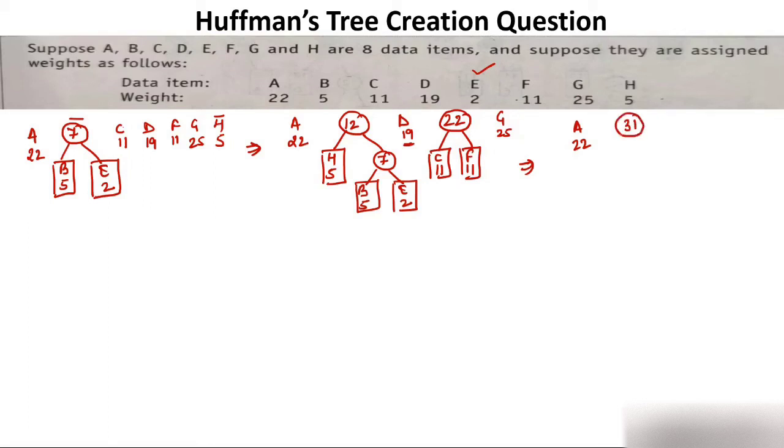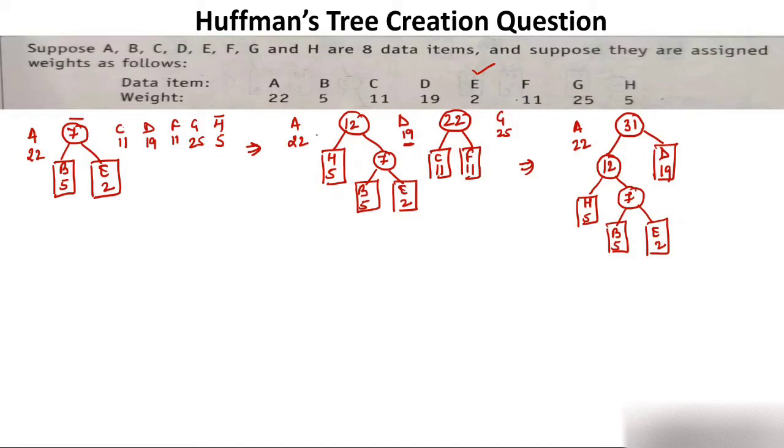Then here you have 12, then H5, then at the right of 12 you have 7, and then you have B5 and then E2. And at the right of 31, suppose you are writing D19. So now you have consumed the two weights, 19 and 12.